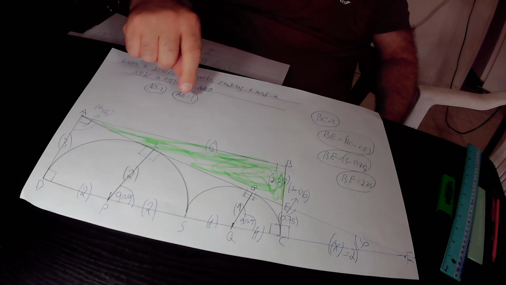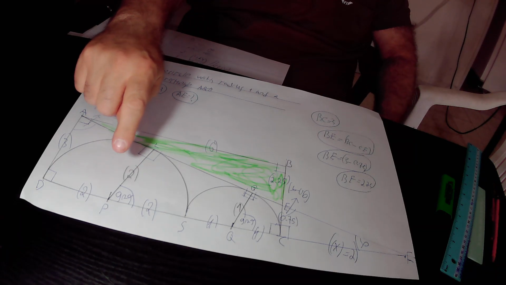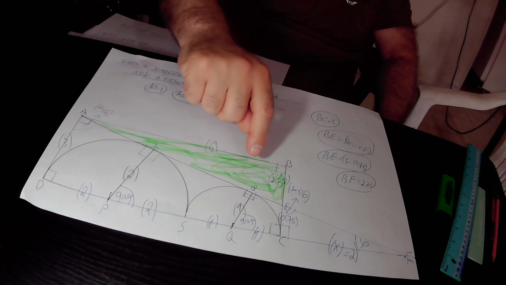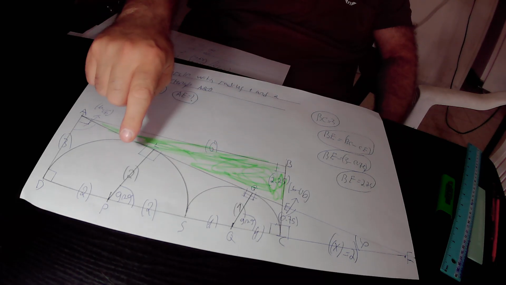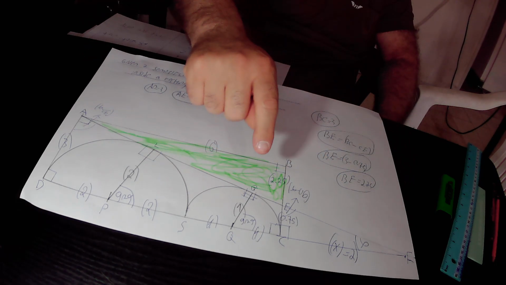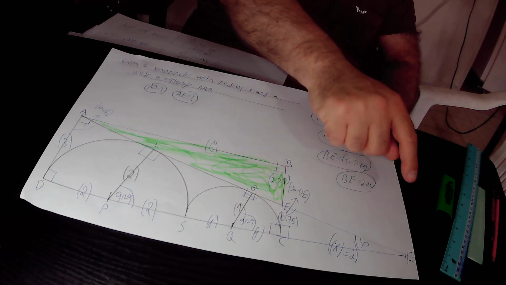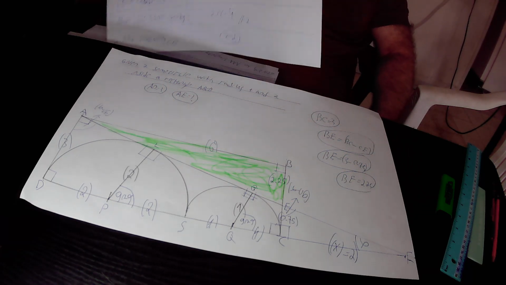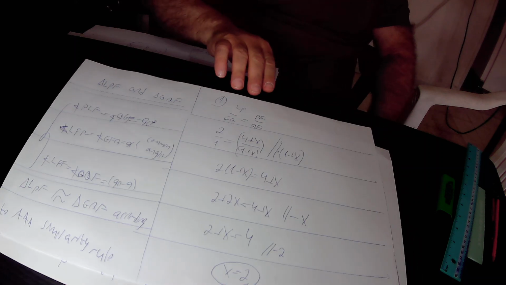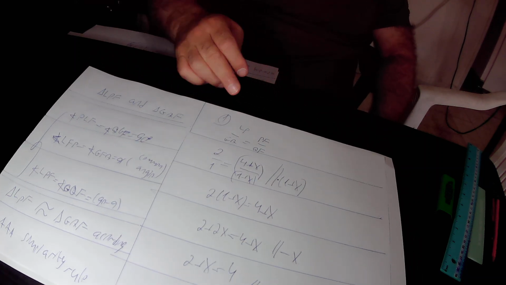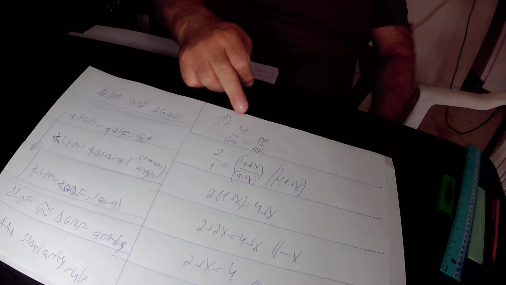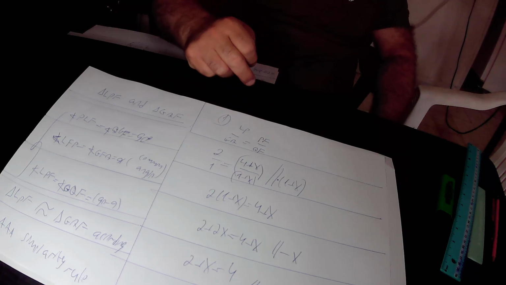We will derive that side LP in the big triangle over side GQ in the small triangle equals side PF in the big triangle over side QF in the small triangle. Repeat again. LP over GQ equals PF over QF.